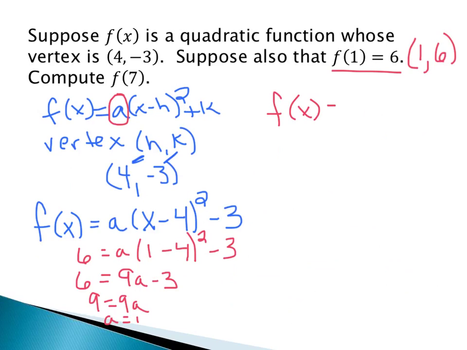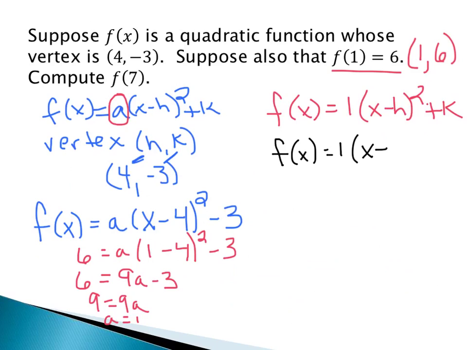f of x equals 1 times x minus h quantity squared plus that k. But if you recall, we already know h and k. That's our vertex. So f of x equals 1 times x minus the h, that's 4, quantity squared, and then the k is negative 3.